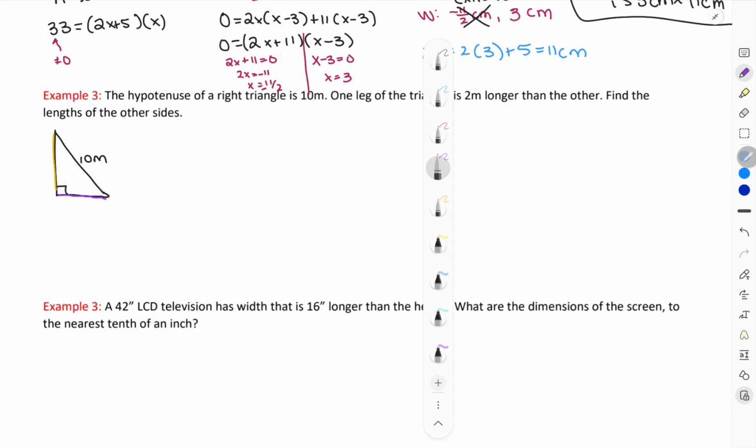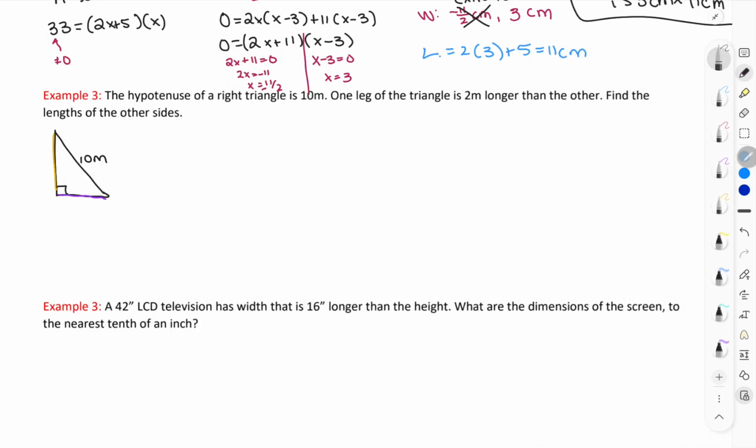Well, that's already going to let me label the sides, because if I know that this is x meters long and this is x plus 2 meters long, then I have all three sides of the triangle. Now I need to think, what information do I know that compares all three sides of a right triangle?